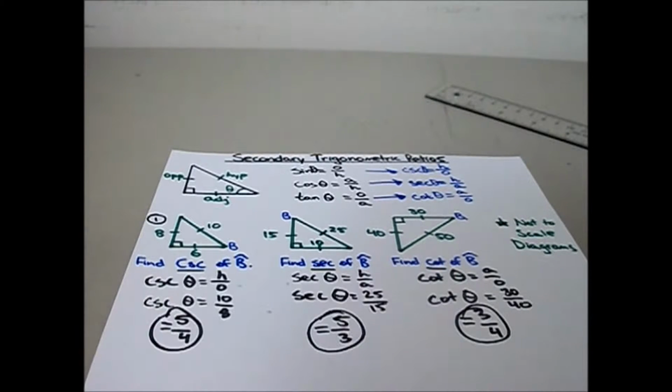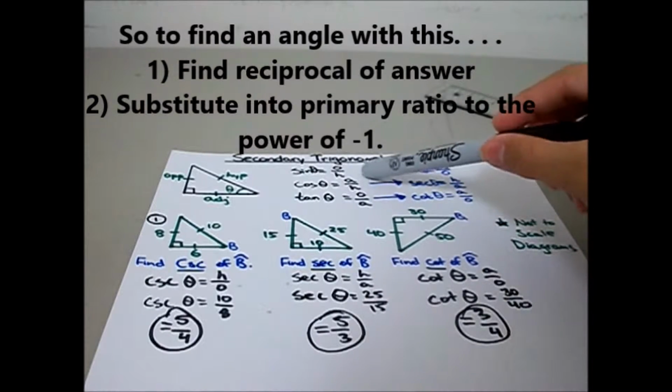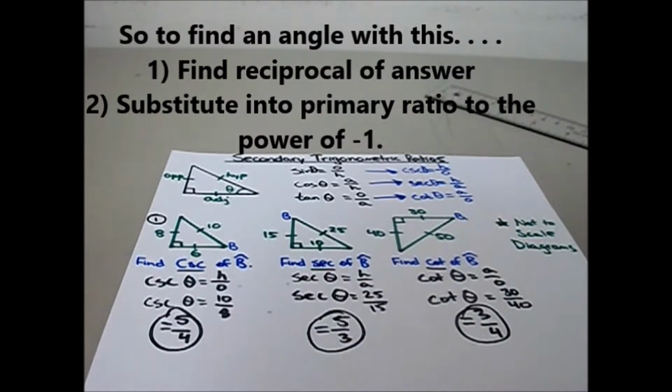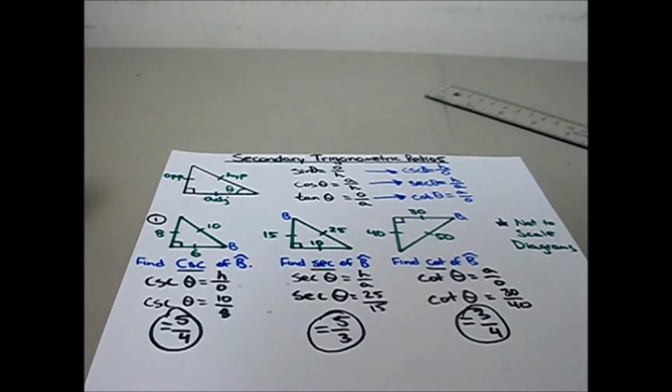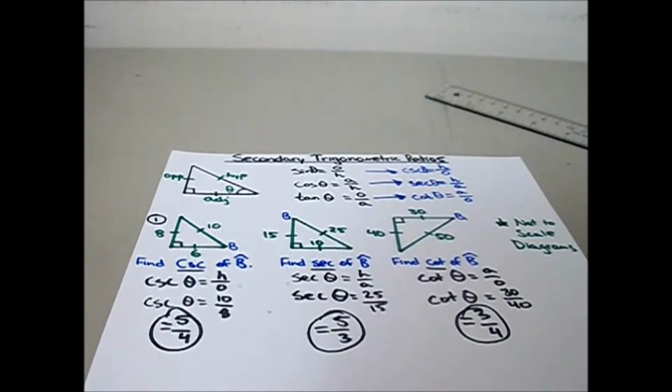Now you have these answers, but you want to find the angle. So what will you do? Suppose I have the first one, and it says cosecant of the angle is equal to 5/4. So we're going to change it to its reciprocal ratio, which is sine. It will become sine of the angle equals 4/5, since it's the reciprocal ratio.